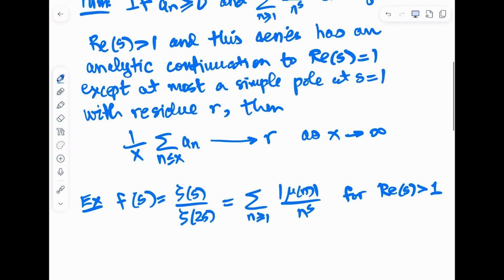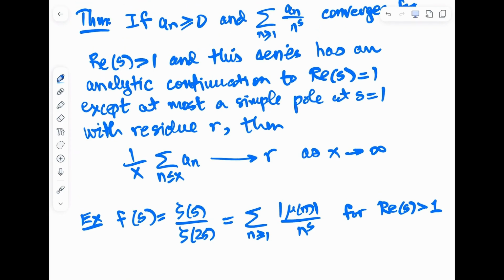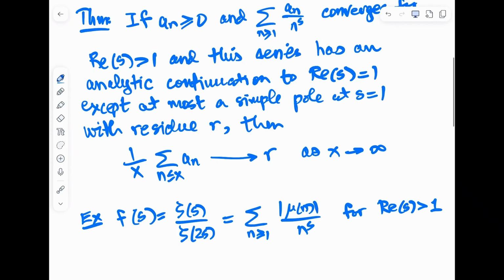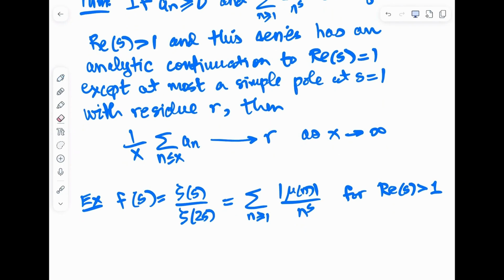So take the absolute value, and this is the series that's 1 over n to the s in the terms when n is square free, and otherwise it's 0. So this thing converges to the right of 1. And this theorem is actually applicable to this series. It has a continuation to the line real part equals 1, except for a simple pole at s equals 1.